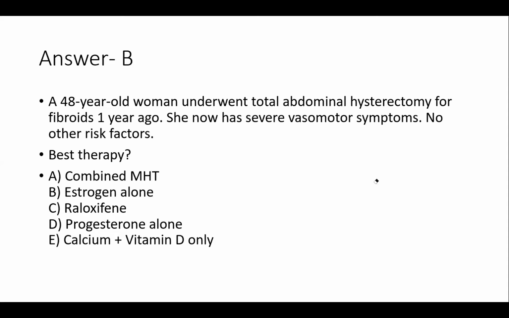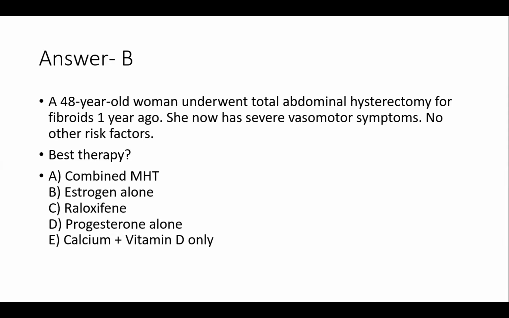No other risk factors. Best therapy, combined MHT. Please, what is MHT? Okay. So now what is your option? Estrogen alone, raloxifene, progesterone alone, calcium plus vitamin D only. So now what will you choose in this situation?